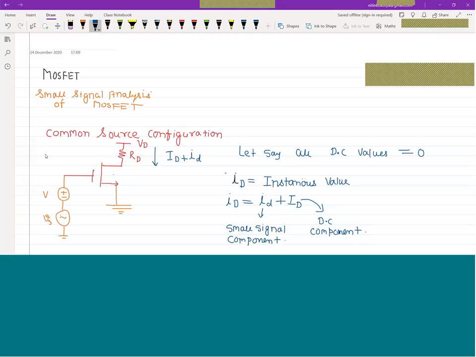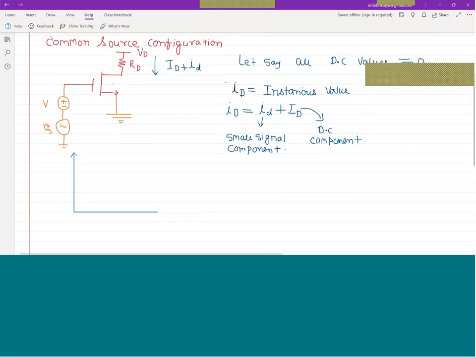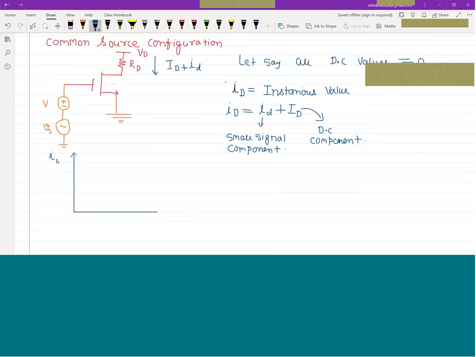The transistor will work as an amplifier only in the flat region, the flat characteristics. Let's say this is IDS and this is VDS.